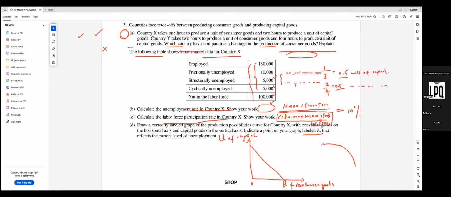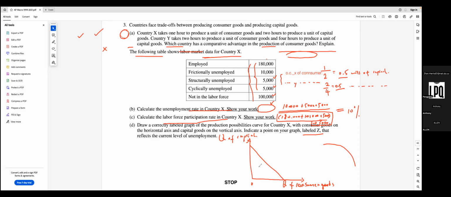So it's a really terrible situation. So how do you label your point? Unemployment means your country cannot utilize all the human resources available. Some people are unemployed and have nothing to do, so you don't utilize all the resources.